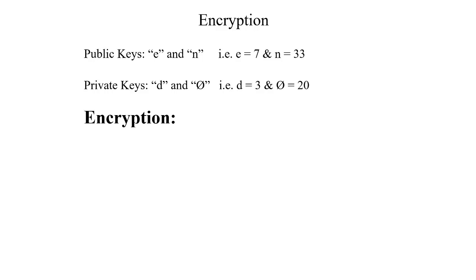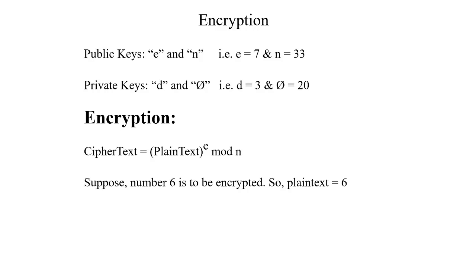The process of encryption is to convert the plain text message into the ciphertext. The ciphertext is obtained with the following equation: plain text raised to E, that is public key, mod n. So in this example, suppose number 6 is to be encrypted.